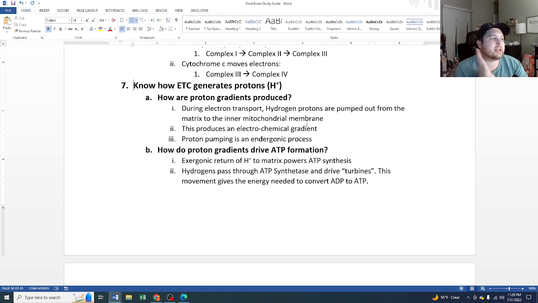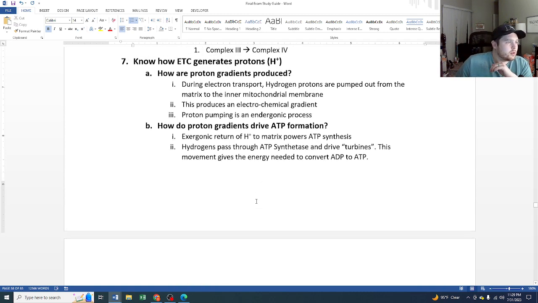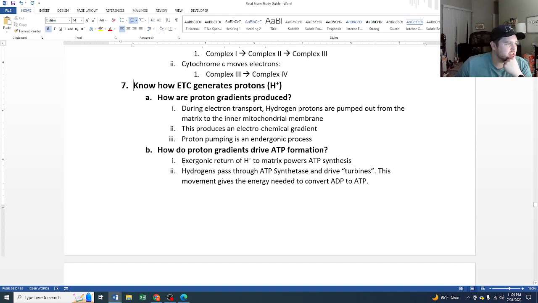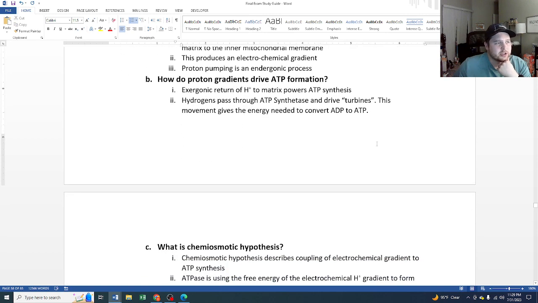However, so the gradient itself, we talked about how specifically complex 1, 3, and 4 pump the hydrogens across using the energy provided when they are reduced with the electrons. And then the exergonic return of the hydrogen to the matrix powers the ATP synthesis. The hydrogen passes through ATP synthetase and drives turbines. This movement gives the energy needed to convert ADP to ATP.